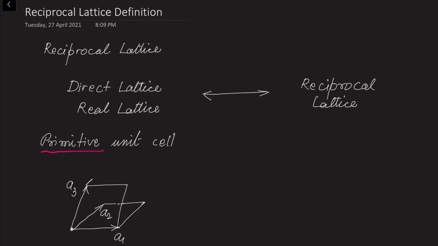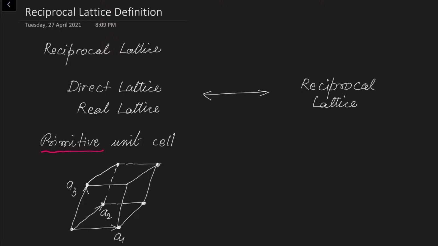So if I complete the parallelepiped, this parallelepiped is a primitive unit cell. By primitive I mean that the lattice points are only at the corners, nowhere else.